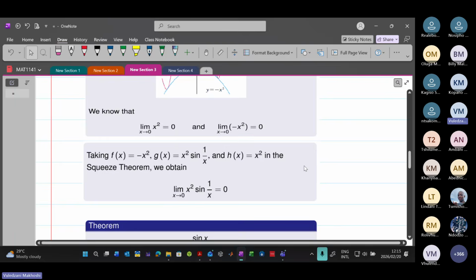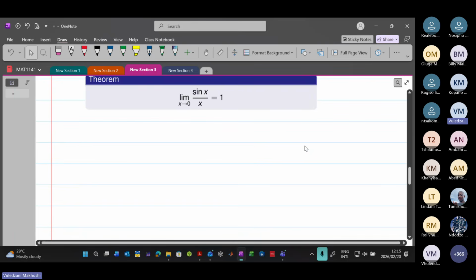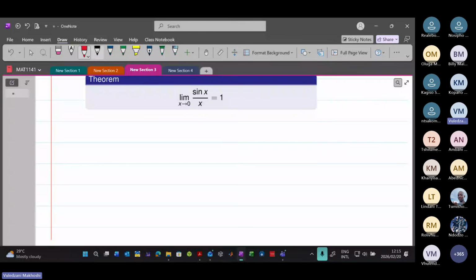Now, we have this important result which we are going to prove. I will prove it using theta instead of x. Let us just write it properly.